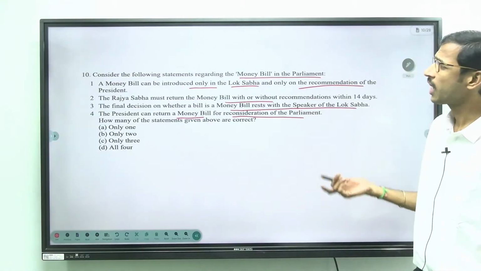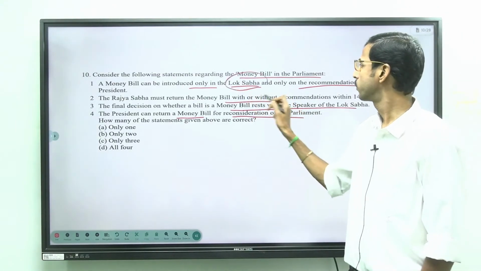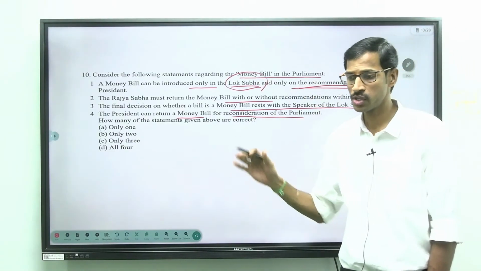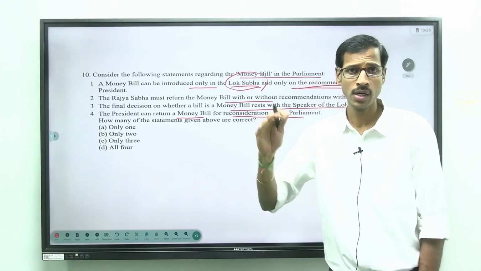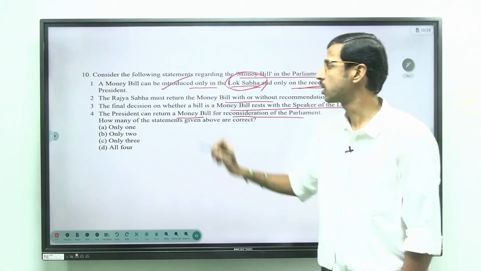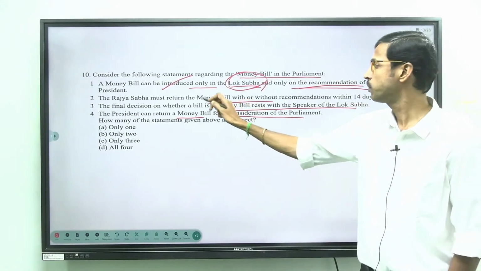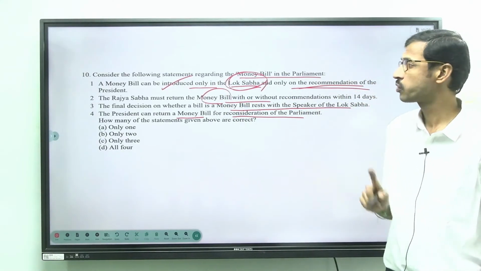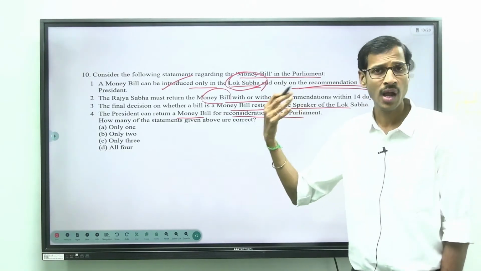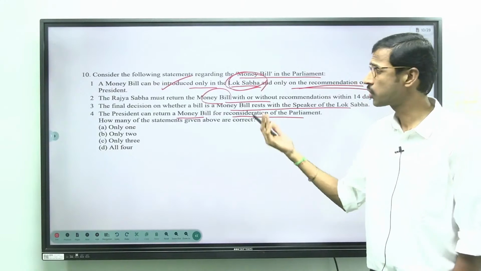If you see, a money bill can be introduced only in the Lok Sabha and only on the recommendations of the president, right? Whenever the president recommends a money bill, it goes to the Lok Sabha, right? So it is correct, Rajya Sabha must return the money bill with or without recommendations within 14 days. This is also true. So Rajya Sabha does not have much power related to the money bill here.